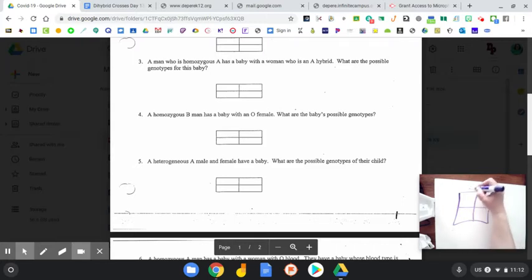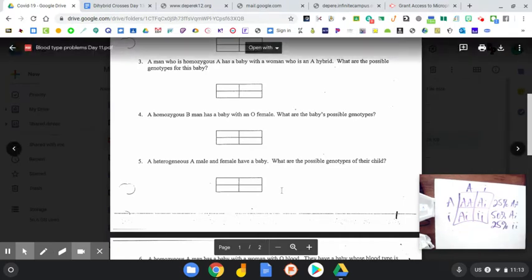So that means that they're both heterozygous for A. And then if you plug that in, what are the possible genotypes? So 25% big A, big A, 50% big A, little i, and then 25% little i, little i. That would be the possible genotypes for that one.